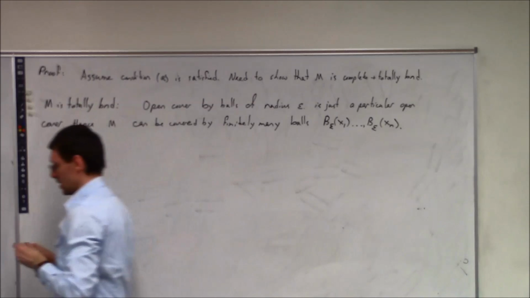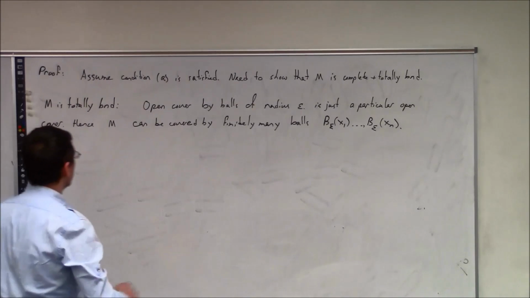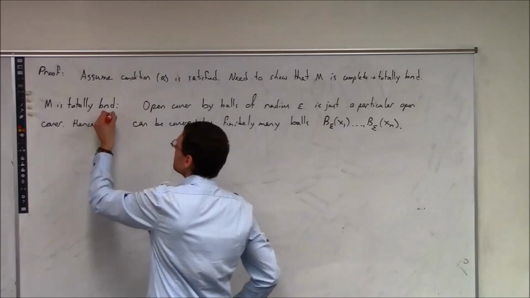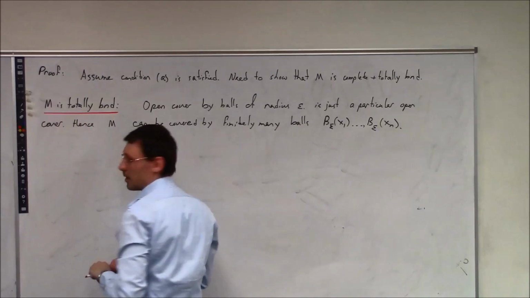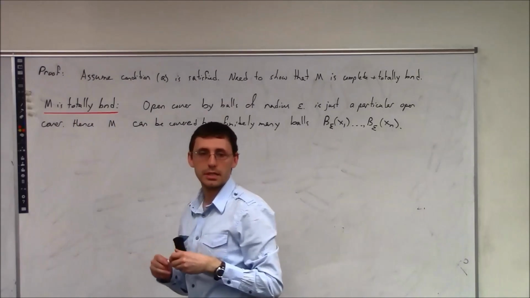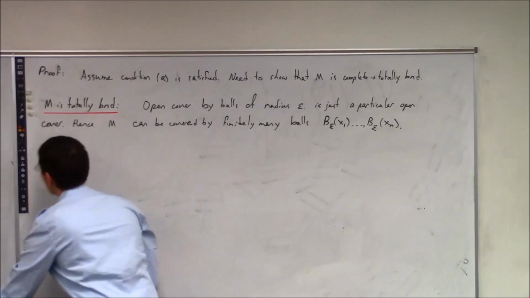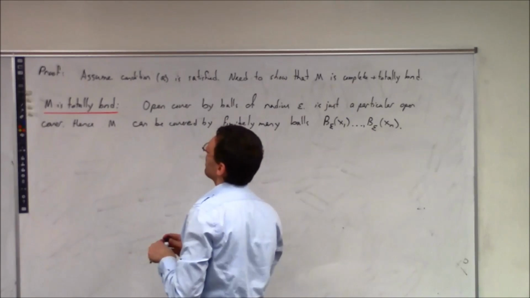Done. Now, how do we prove completeness? Yeah, we need B precisely. That's really why we needed B. M is complete.